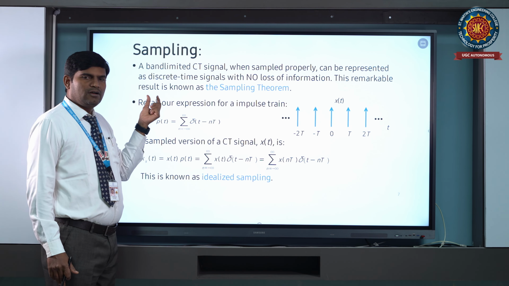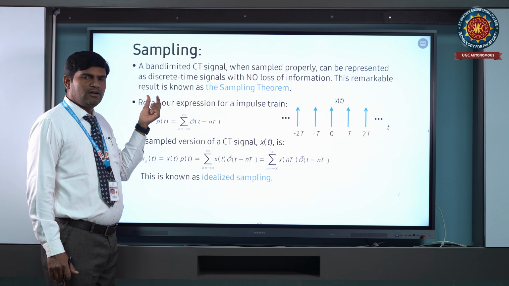Now, how can we represent a sequence of impulses? By using a complex Fourier series representation. A sequence of impulses can be represented using a complex Fourier series as P of t equal to summation k equal to minus infinity to plus infinity Ck into e power j k omega naught t, where omega naught is the fundamental frequency, given by 2 pi by capital T, with T indicating the sampling time interval here.